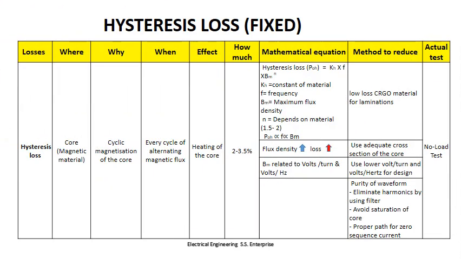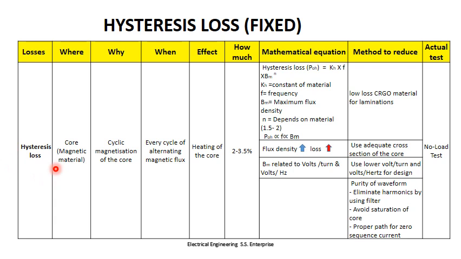For better understanding, we have created a simple template: losses, where they occur, why they occur, when they occur, what the effects are, how much in percentage, mathematical equation, method to reduce, and actual test.